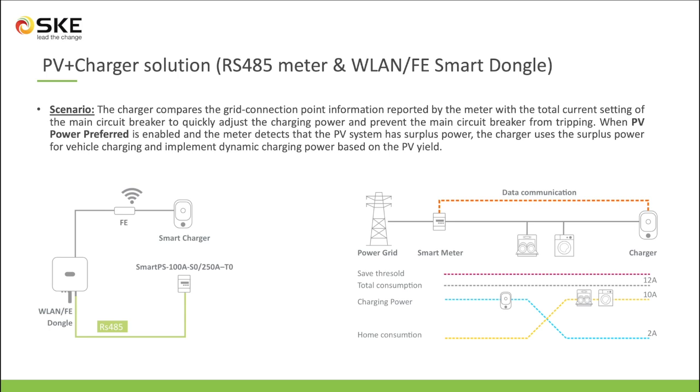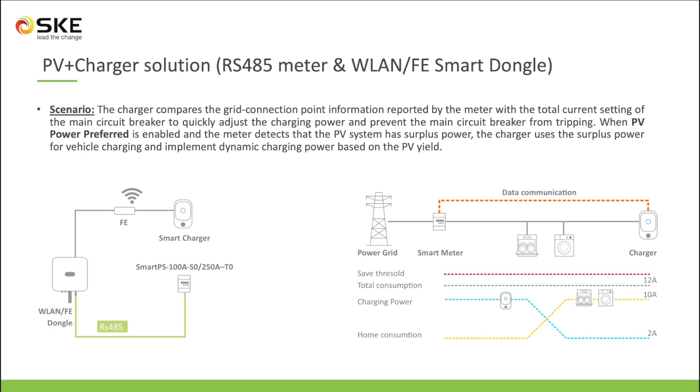Here, interesting is that this type of application includes both of our products presented here: the smart power sensor, to establish a communication between the smart power sensor and the inverter, and the smart dongle, which provides a communication between the inverter, the router, and the EV charging station.